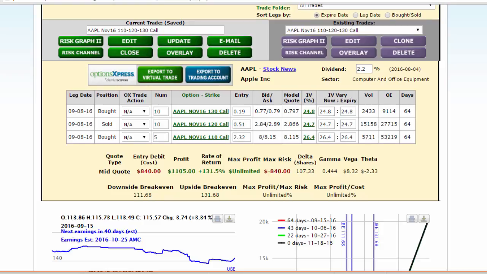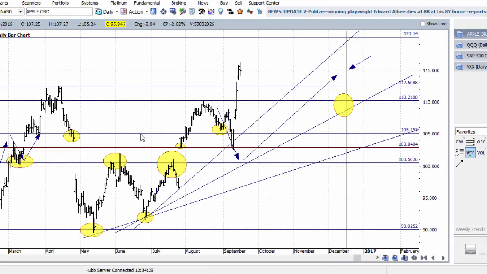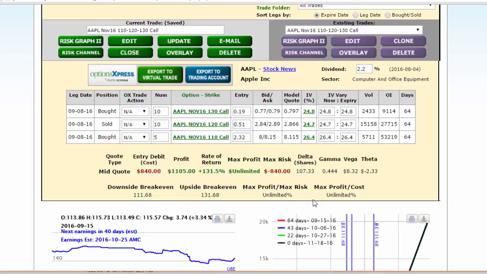Okay, so we're using the stock price to make decisions on our actual options position. Okay, so that's very important. We're using the actual stock price, but we're trading actual options on that particular stock.